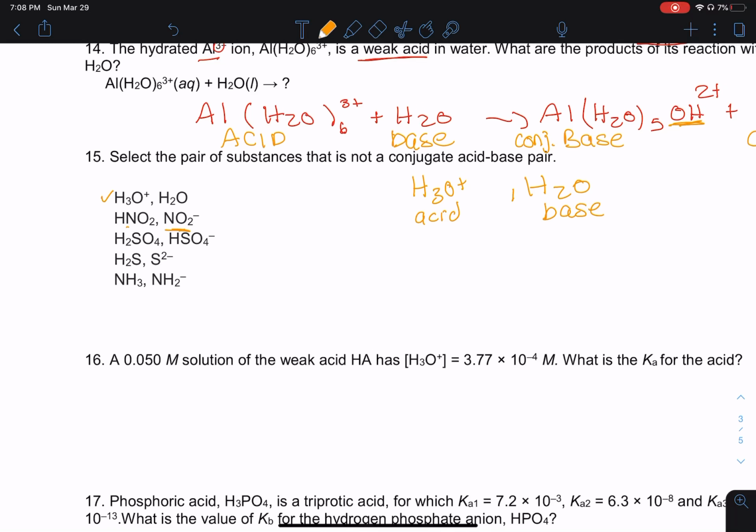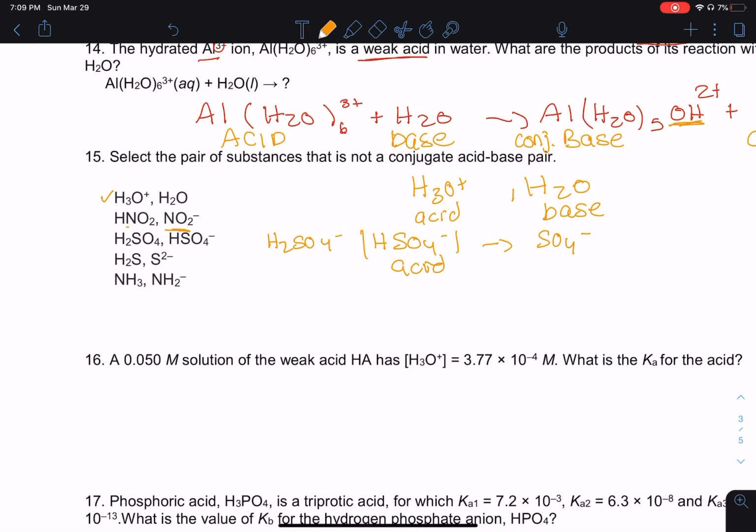And then H2SO4 and HSO4 minus. Now, H2SO4 is a diprotic acid, meaning it has 2 hydrogens. So if I have 2 hydrogens, my conjugate base would be HSO4 minus. And then if we were to say that this is an acid, its conjugate base would be SO4 2 minus.